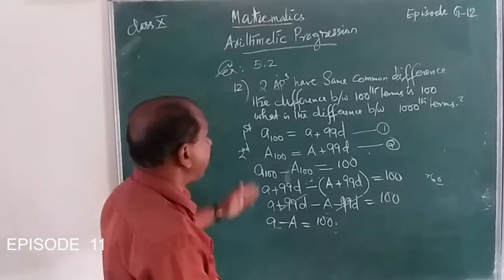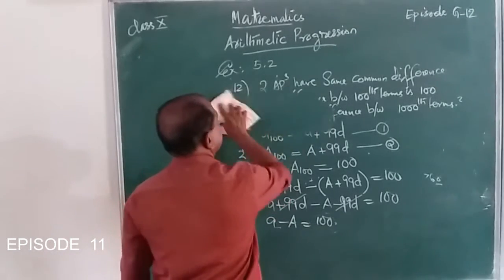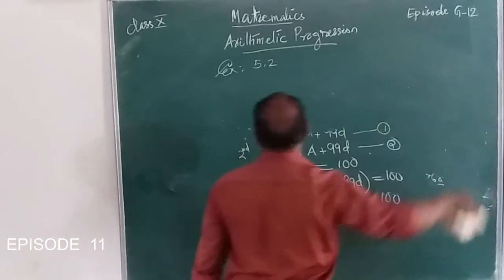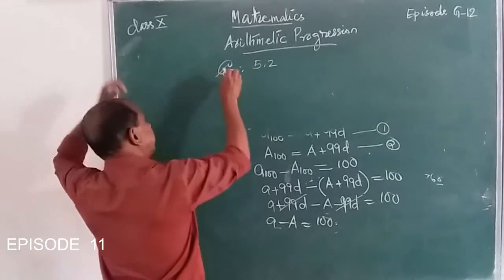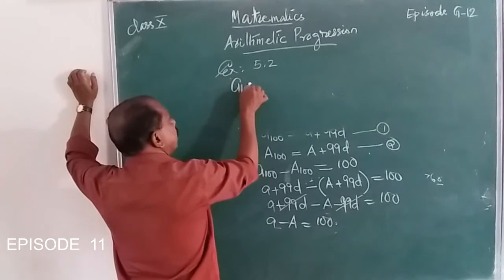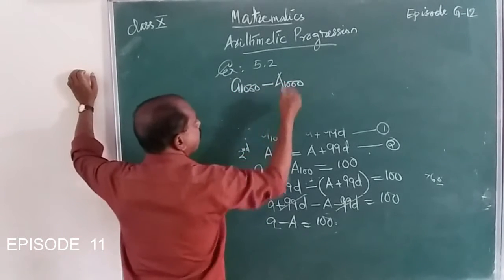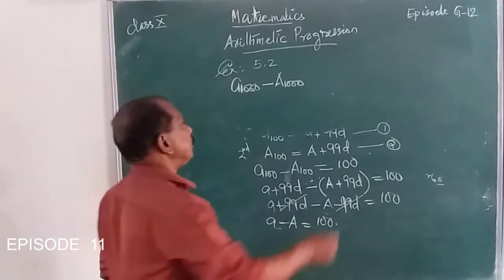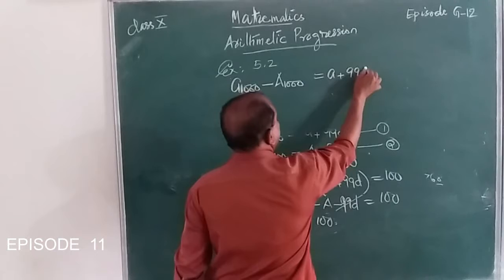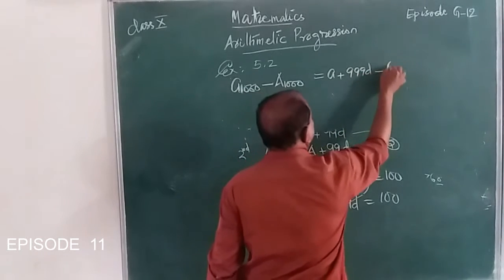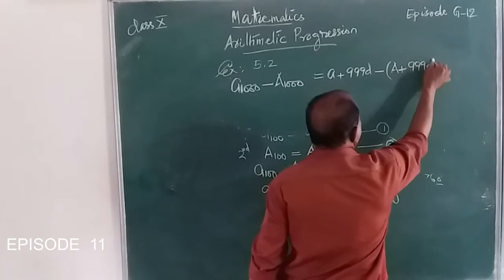Then, what is the question? What is the difference between their 1000th terms? That is a1000 minus capital A1000, which is equal to a plus 999d minus capital A plus 999d.